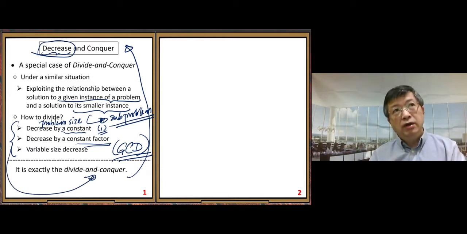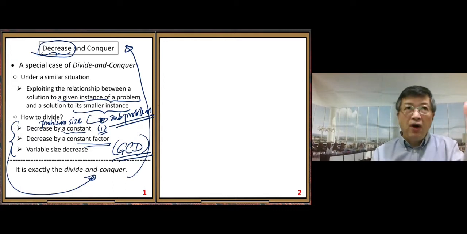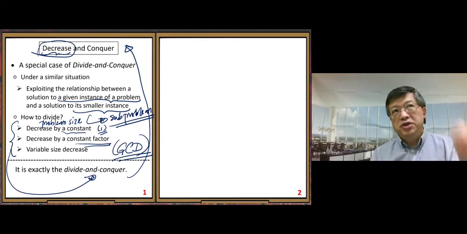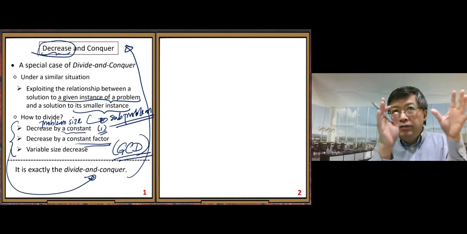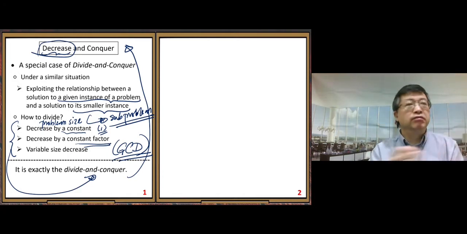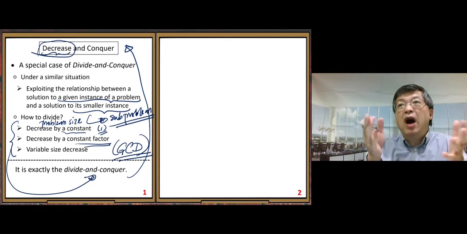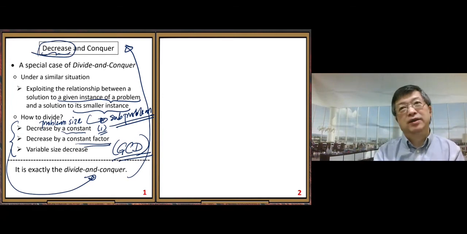All these things are covered by divide and conquer. Although you call it decreasing the problem size, from the main idea, it is divide and conquer. So what's the difference between divide and decrease, right?